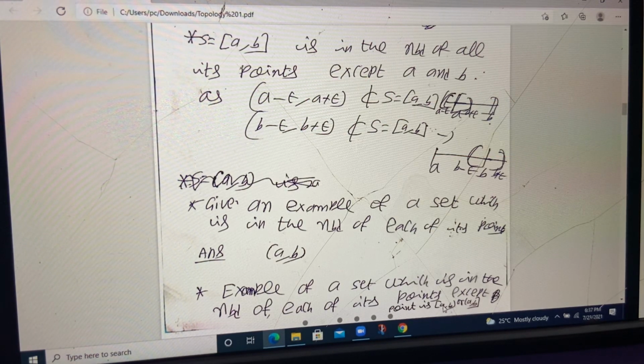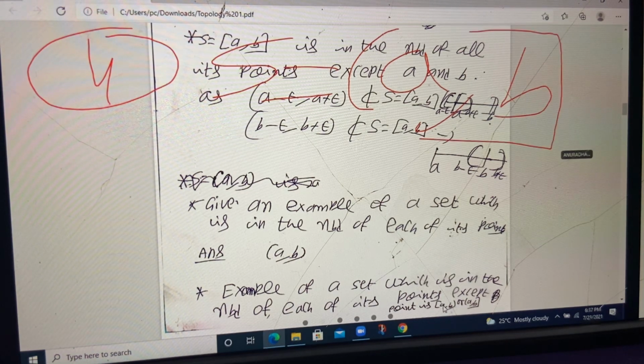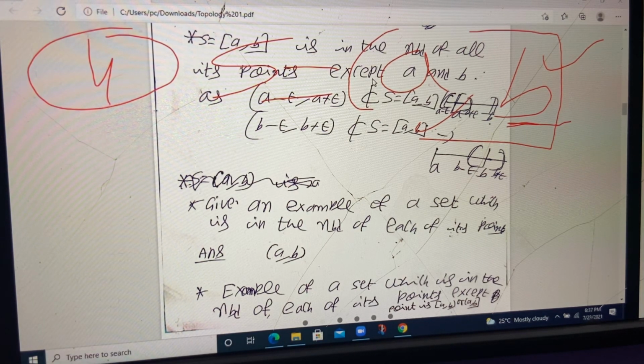Take down the fourth one. If S is equal to (a, b], open at A, closed at B. What is the meaning? In this, A is not included, but B is included. Every point inside is included. But you know that B is a point in the set, but it is not an interior point. Why is it not an interior point? Because (b minus epsilon, b plus epsilon) is not totally in this set. A part of it is inside, part of it is outside.